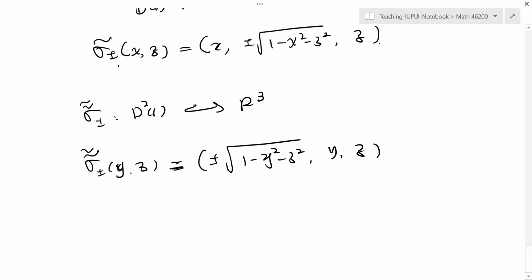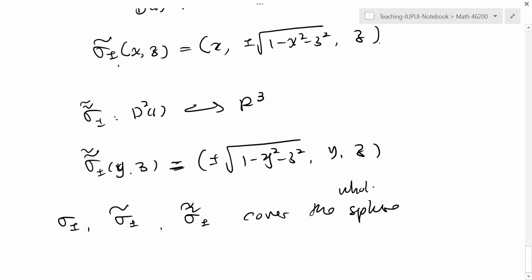So we can say that sigma plus and minus cover the whole sphere. That is the reason. For example, in order to get all the signals from satellites, we cannot use one single satellite because a satellite does not cover the whole sphere, only the upper hemisphere or the lower hemisphere, for example.